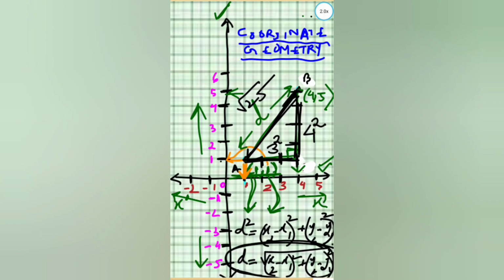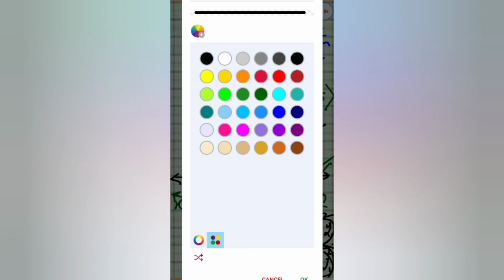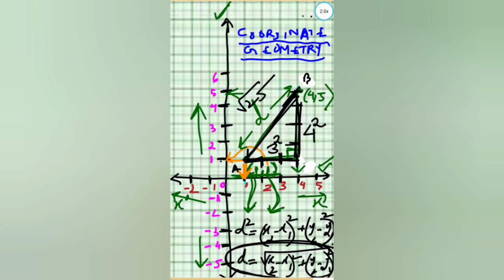So that is actually what we are doing with this formula. Same thing we are doing. And what is this x2, x1, y2, y1? Let me explain by changing the color. Here, the coordinates of A, 1, 1, can be taken as x1 and y1.